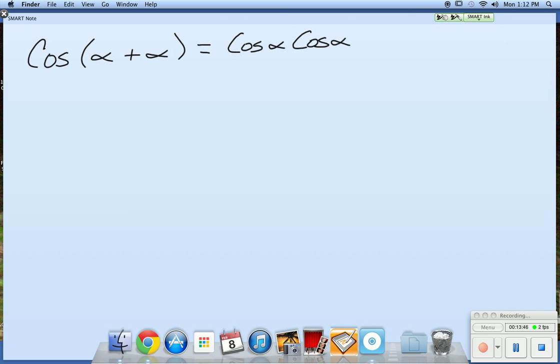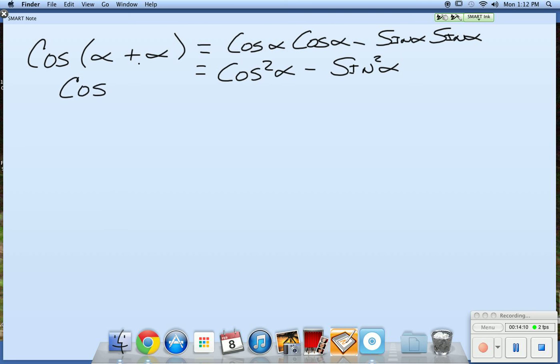And it's the opposite of this, right? We got plus in here, so we have to say minus, sine of alpha, sine of alpha. What do we have? Cosine squared of alpha minus sine squared of alpha. This is your cosine of 2 alpha.